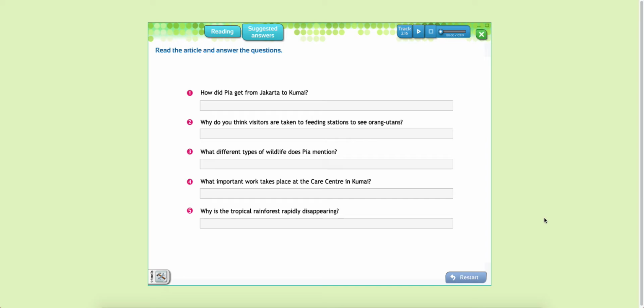Yes. Okay, so question number 1. How did Pia get from Jakarta to Kumai? What do you remember? In a boat. Okay, some of you say that in a boat. What else? She had to do something else, not only a boat.